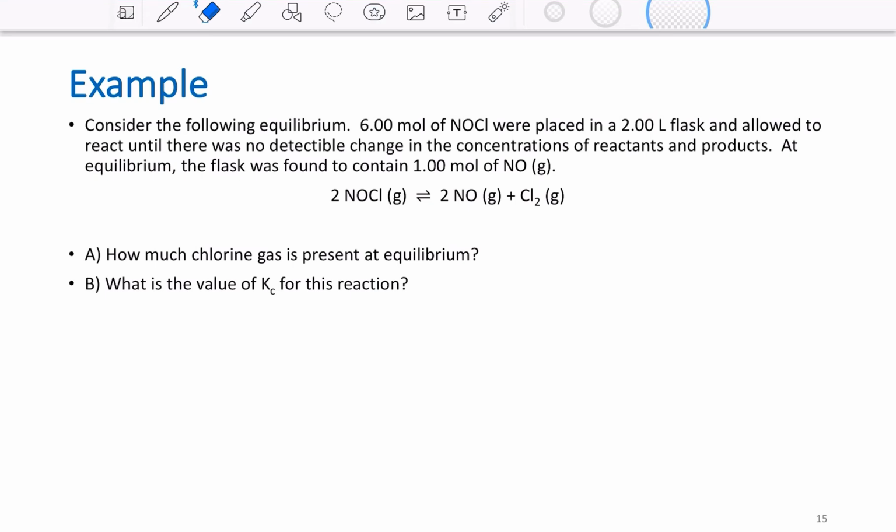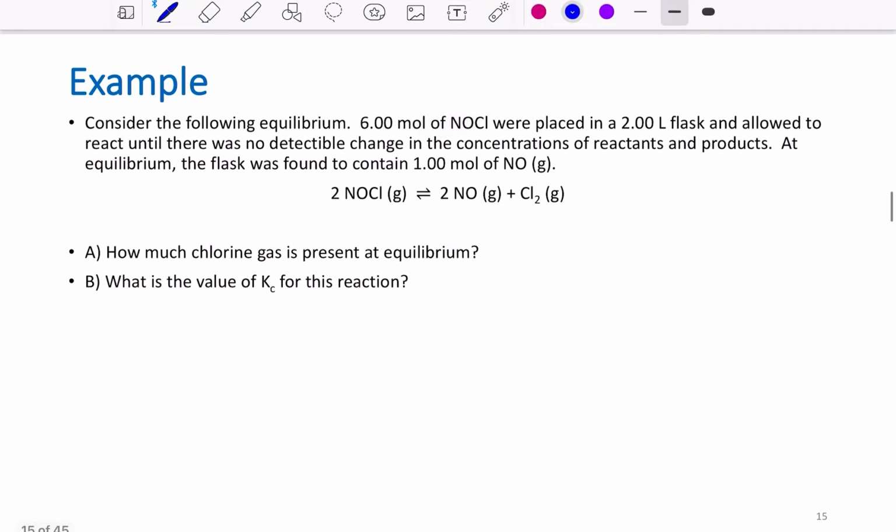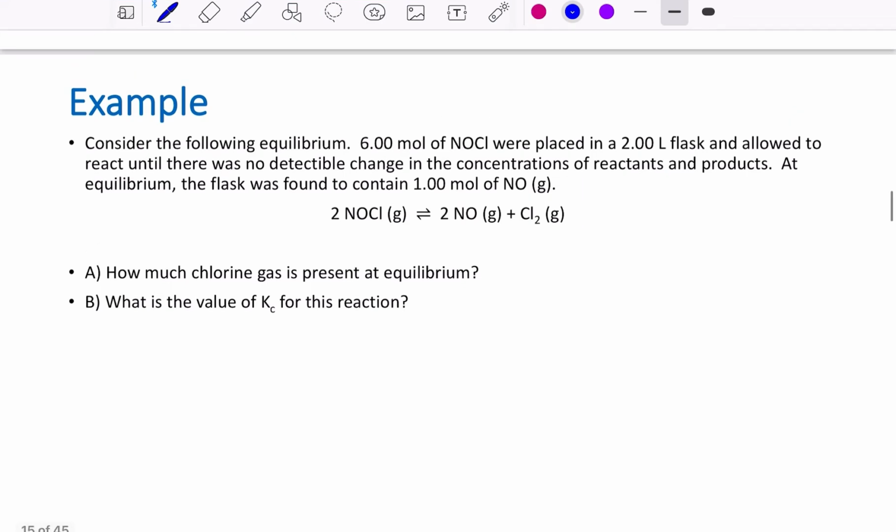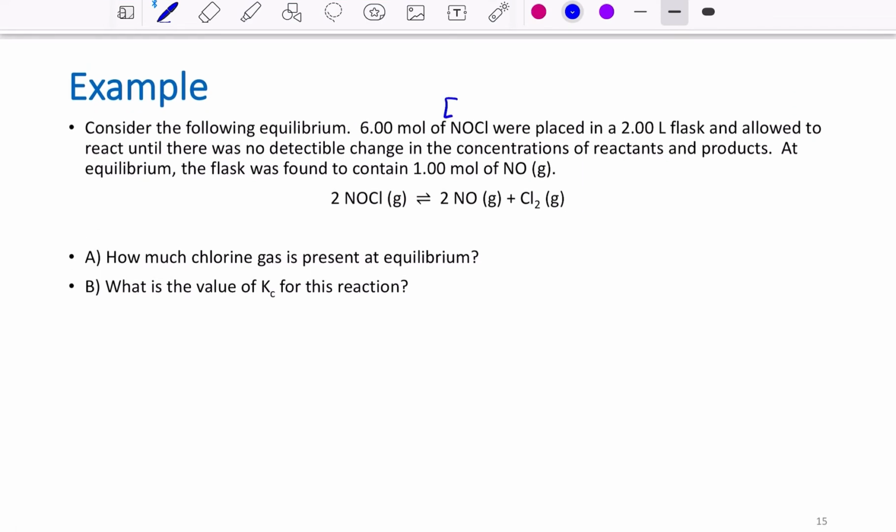Well, first, it's telling me that I have 6 moles of NaCl placed in a 2-liter flask. So that means I can figure out the concentration of NaCl. That tells me I have 3 molar NaCl to start.